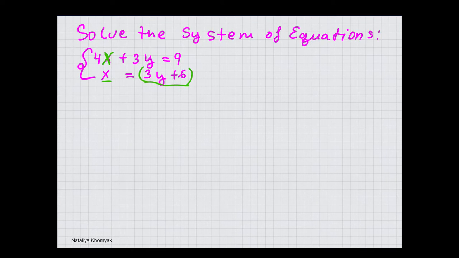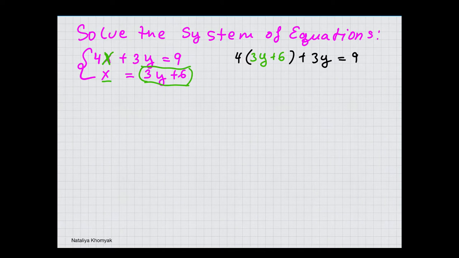The first step is to copy the first equation, which is 4, this is my x, plus 3y equals 9. I'm going to plug in what x is in the second equation, which is 3y plus 6. This is the substitution step.